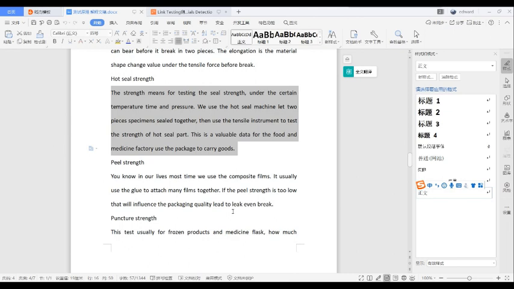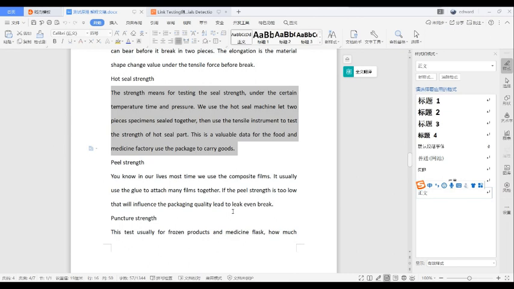We use the heat seal machine to let two pieces of specimens seal together, then use the tensile tester to test the strength of the heat seal part. This is valuable data for the food and medicine factory that uses the packaging to carry the goods.